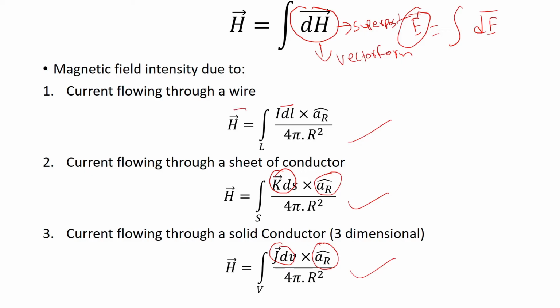But now let us see the first setup, current flowing through a wire. And the magnetic field intensity because of the current carrying wire, to determine that, let us consider a conductor which is aligned itself with the z-axis. Its endpoints are from h1 to h2.